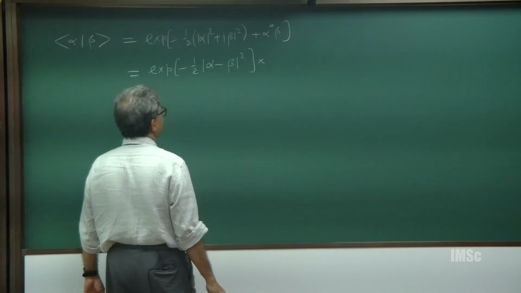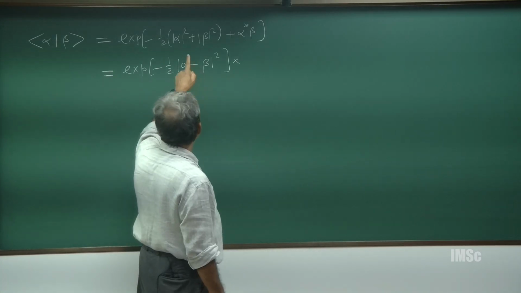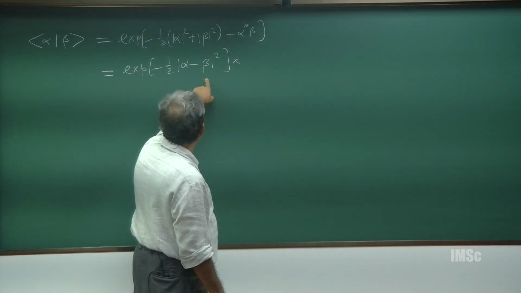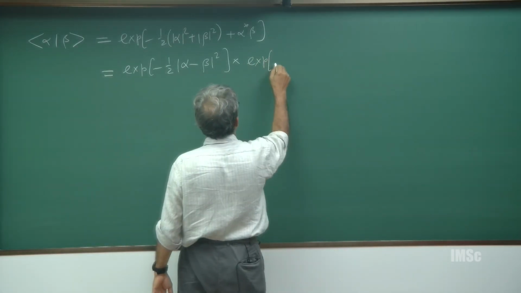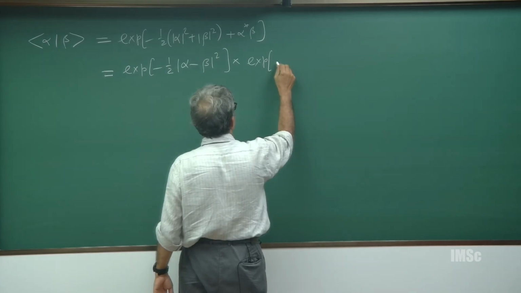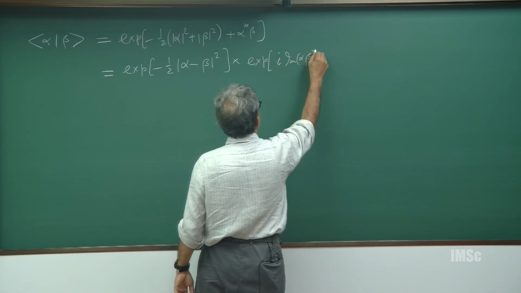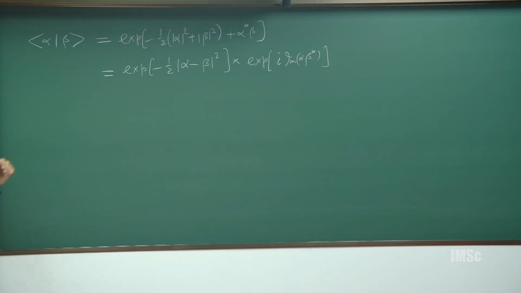What will this be? There will be some phase factor. What will be that phase factor? It is the exponential of, whether it is plus i or minus i, the imaginary part of alpha beta star. Can you confirm?